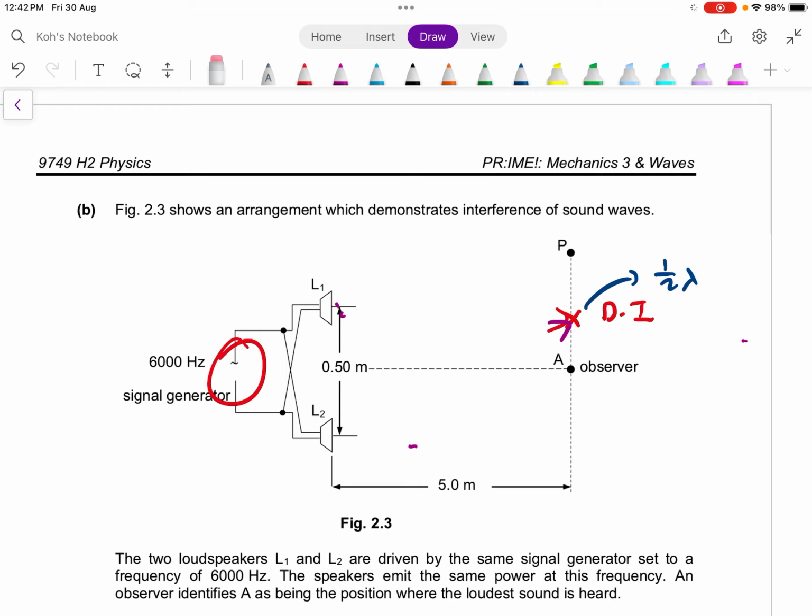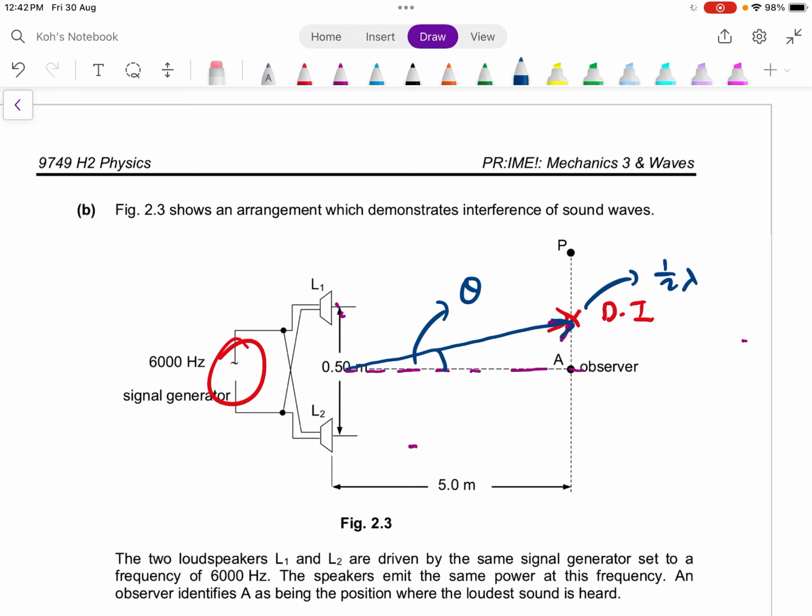Okay, since I already have my theta, now I want to look at the horizontal part. I'm assuming that I draw one triangle right here. This part right here is also a theta, which is equal to about 3.2485 degree.